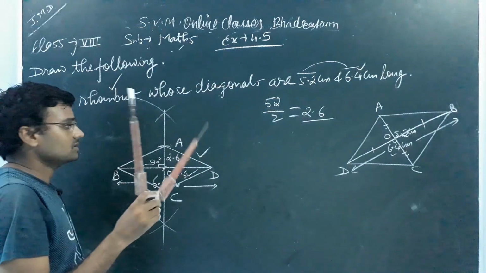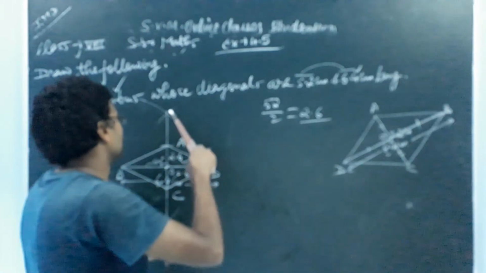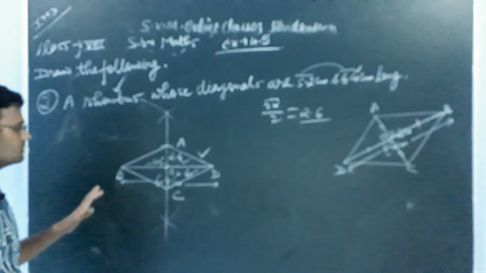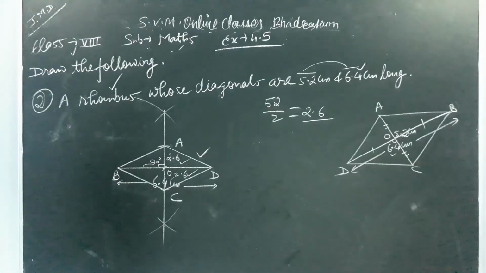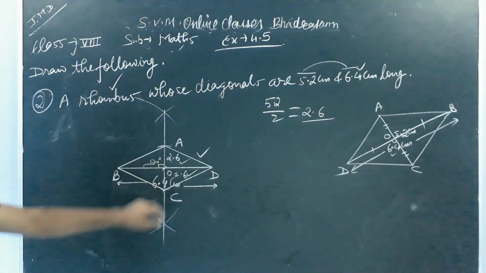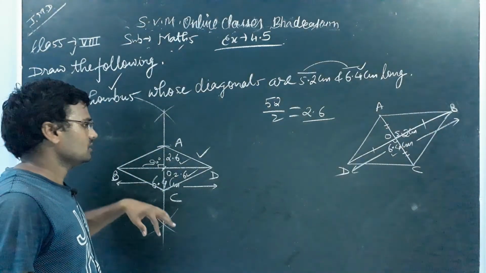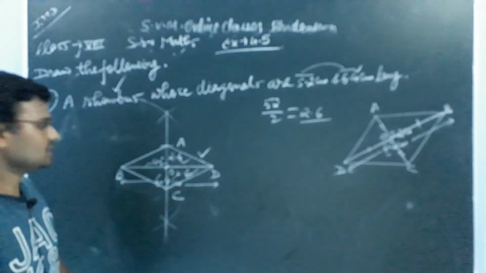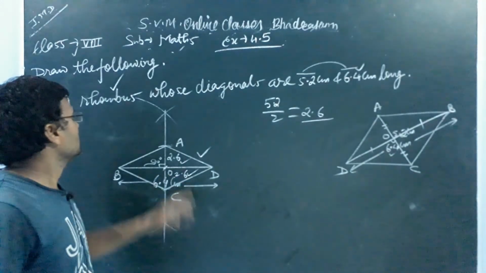With the same distance I take D as center and repeat the same process, and we match the two intersection points. Now O is the midpoint, and I have taken 2.6 on the upper half and 2.6 on the lower half. The upper point is A and the lower point is C, and I have joined them. ABCD is the required rhombus.